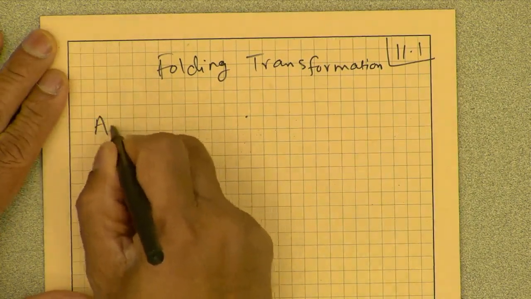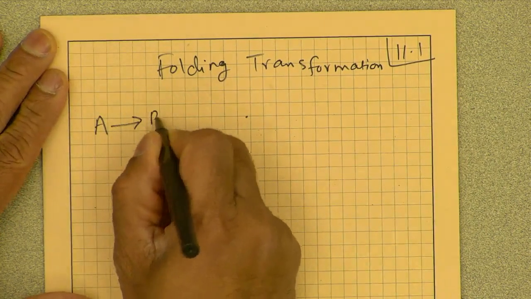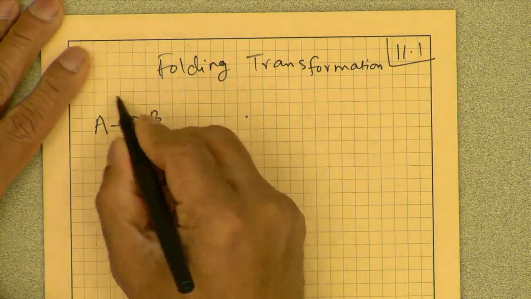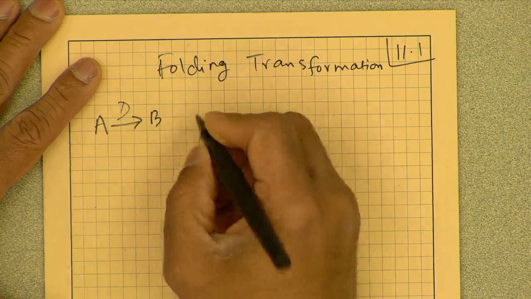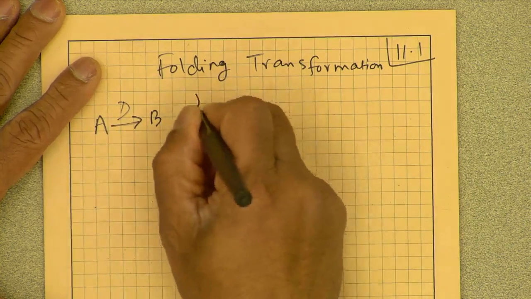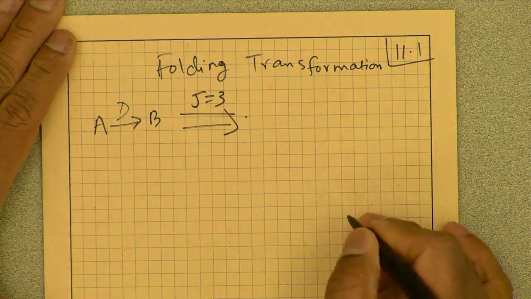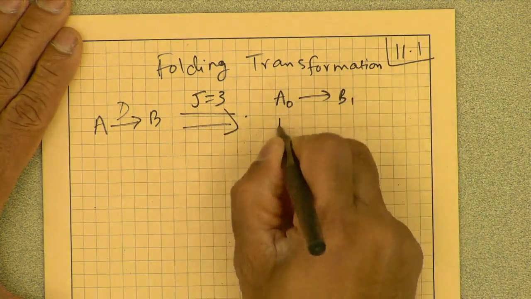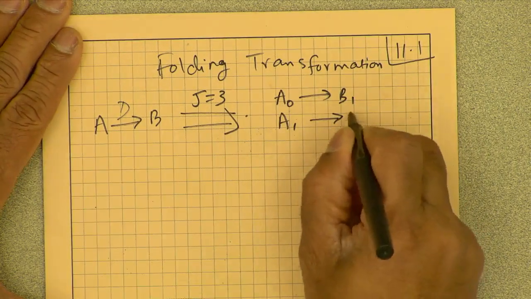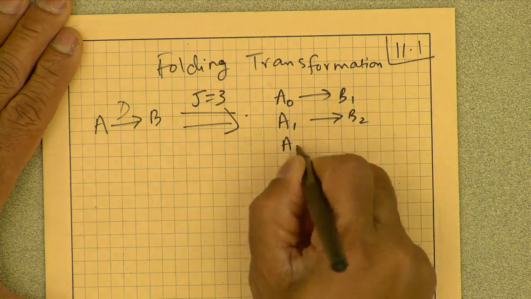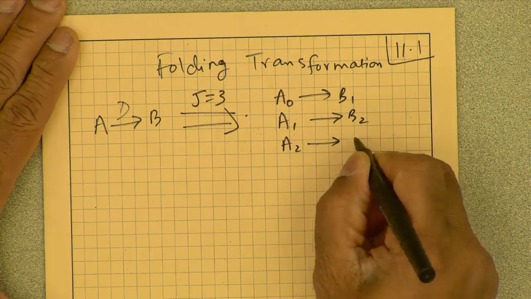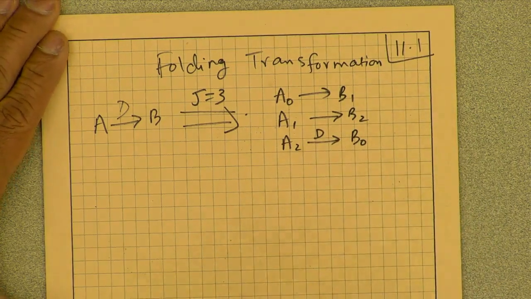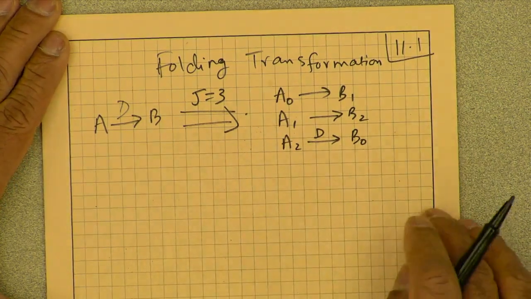What we have seen is that if we have an edge from say A to B, let's say with 1 delay, and if I unfold that by factor 3, then we get A0 to B1, A1 to B2, and A2 to B0 with 1 delay. So that's the unfolding transformation.